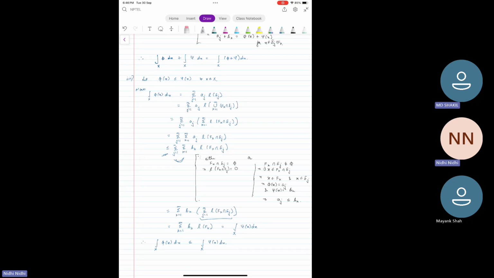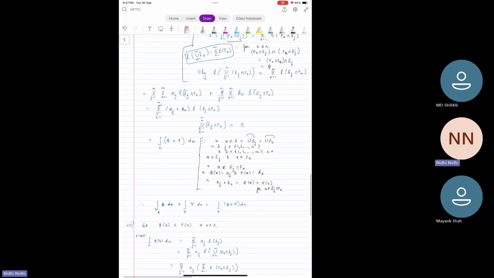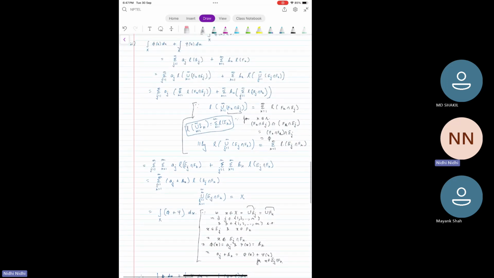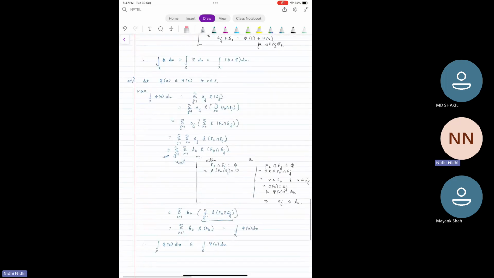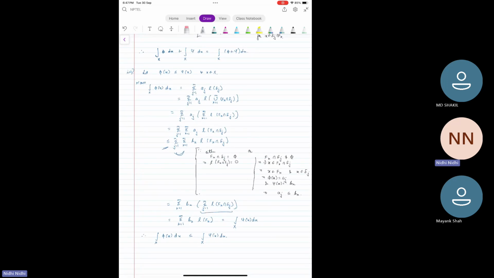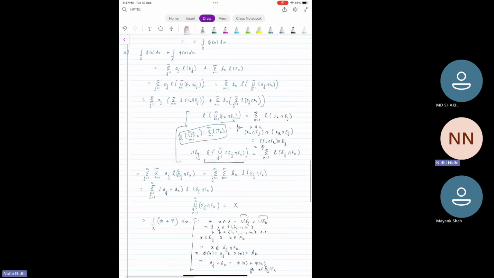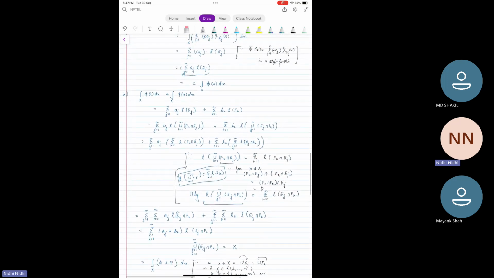Ma'am, in the last step, how will that become equal to length of FK? So if you remember in the previous section, we did something like this, no?